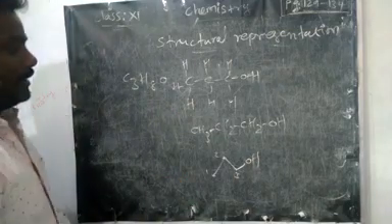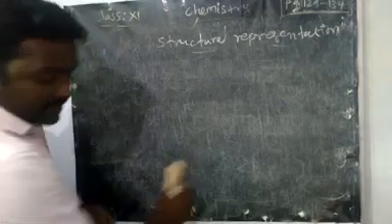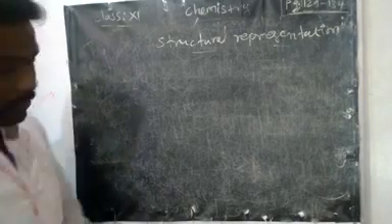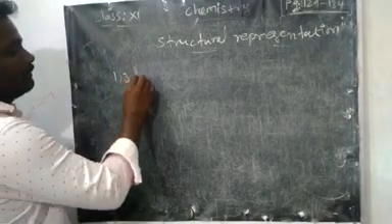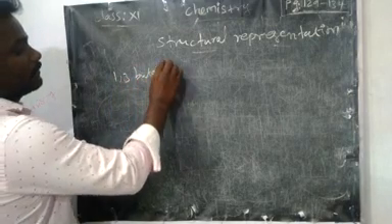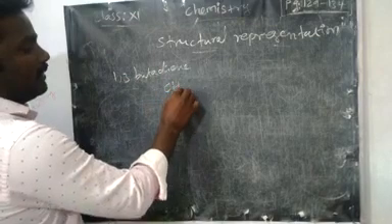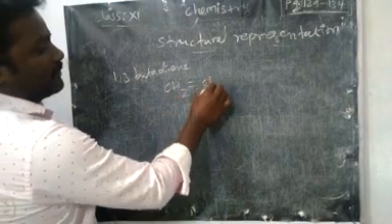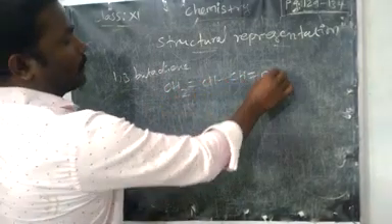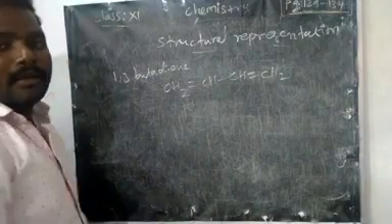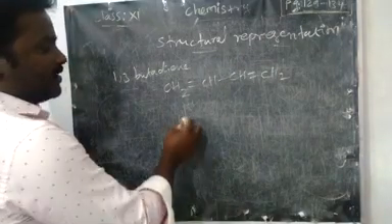Okay, right. One more example we will see. It has a double bond, that is 1,3 butadiene. This is also a very important compound. So in the skeletal structure, then how do you write it in the condensed structure?